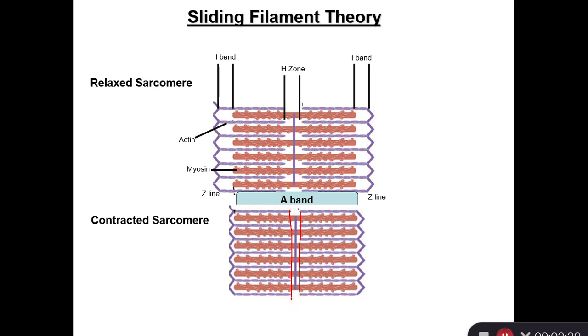How about the I band? Almost disappears. So during skeletal muscle contraction, the A band stays the same, the H zone becomes narrow, and the I band becomes narrow. It almost disappears.